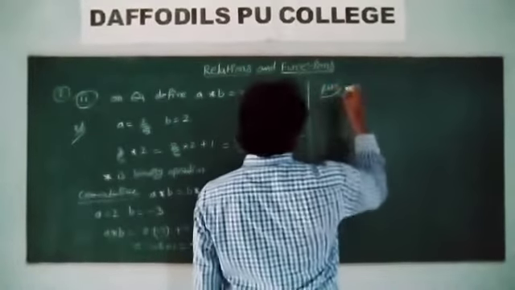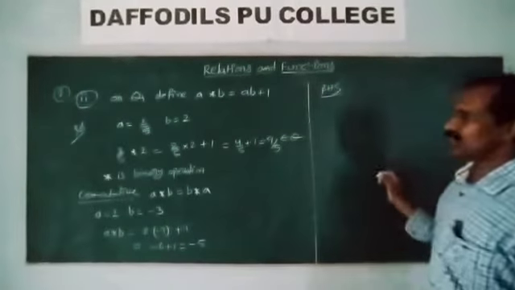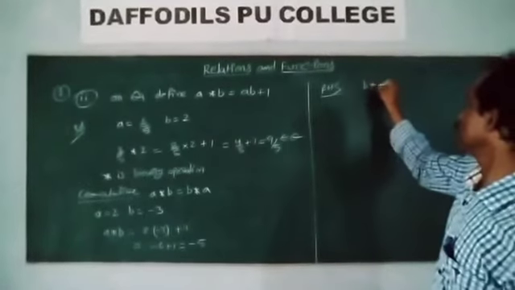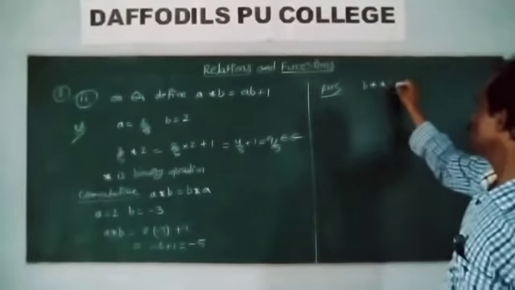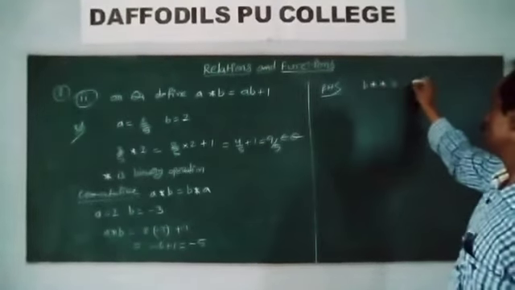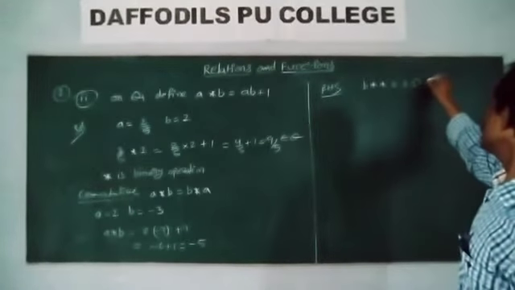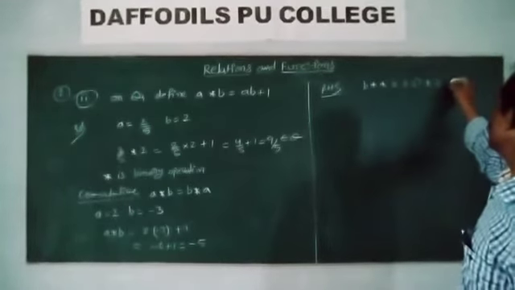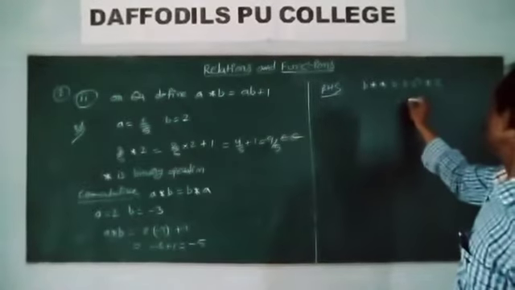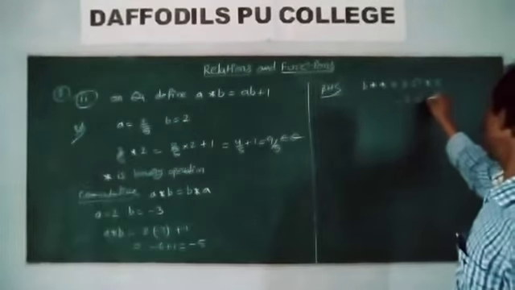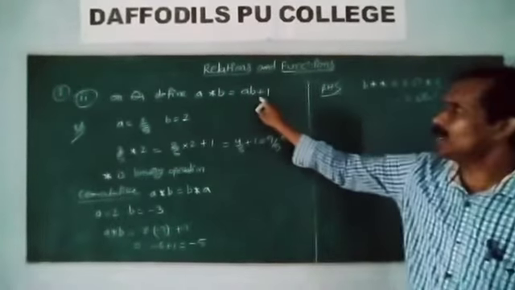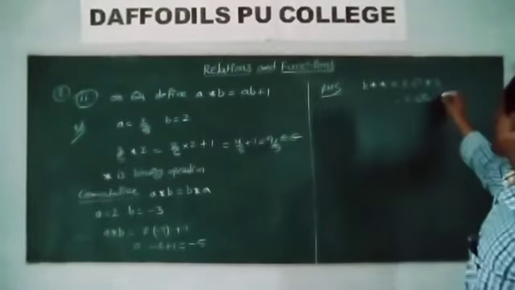RHS value. What is RHS? B star A. B star A means minus 3 star 2 is equal to minus 3 into 2, AB plus 1.